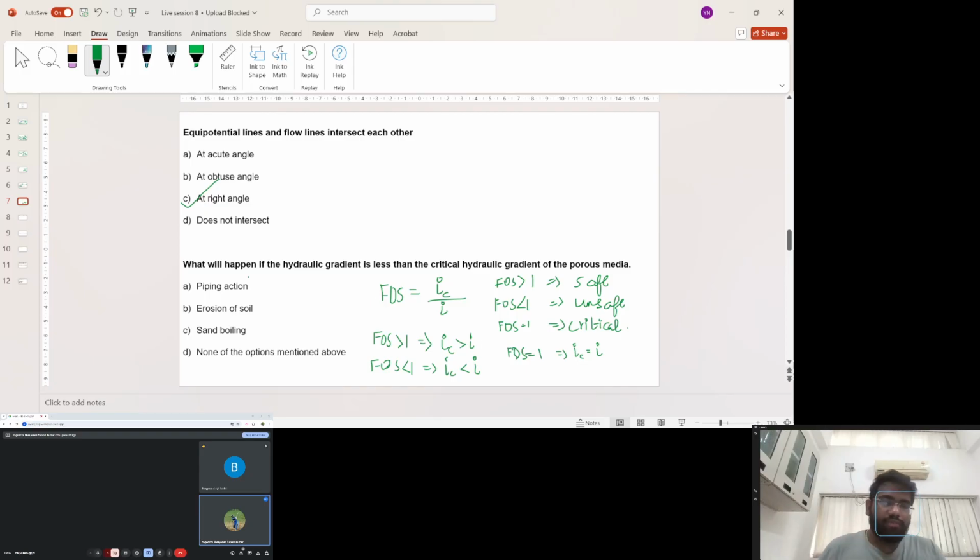Now what we have been given in the question is that the existing hydraulic gradient is less than the critical hydraulic gradient. So that means I is lesser than IC.